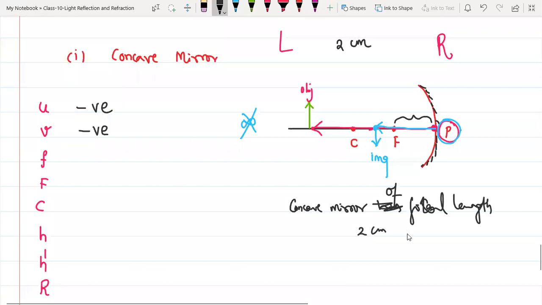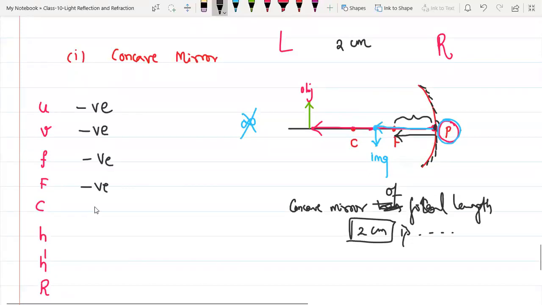Like that they will frame question. So if you want to calculate this 2 centimeter, what should be the reference point? Again the reference point is P only. From P only you will take. So you will calculate again from right hand side to left hand side. So focal length is also negative. Next, if focal length is negative, focus is negative.